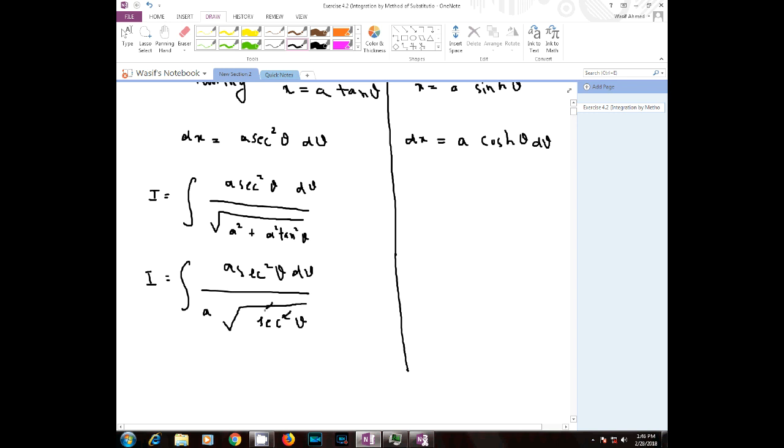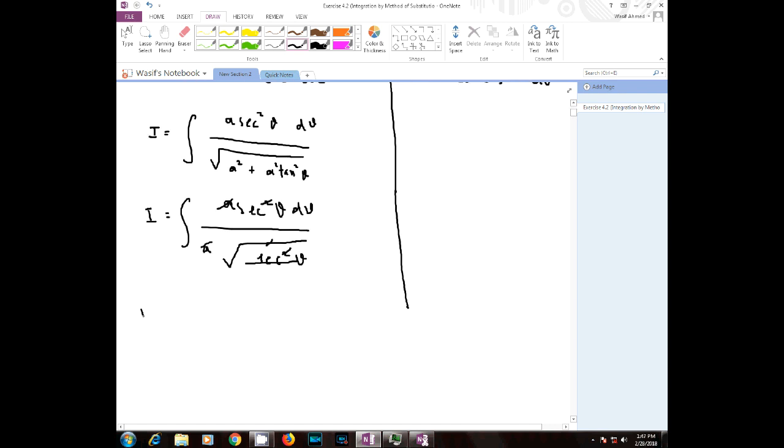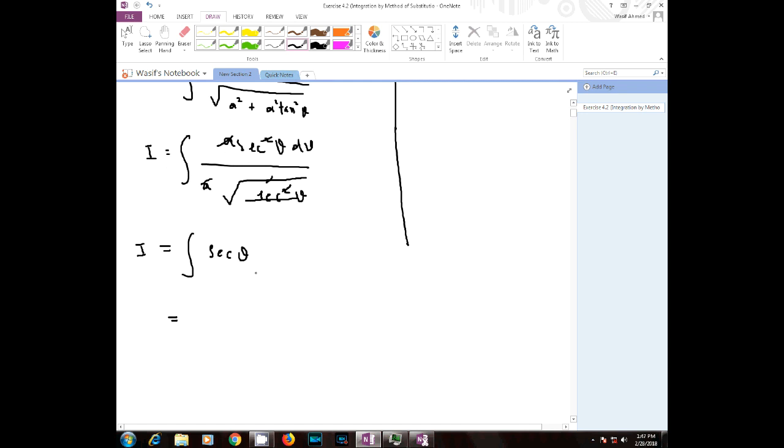Secant theta gets cancelled with its square root, a gets cancelled with a, and secant theta gets cancelled with the square in the numerator, and you have just secant theta. And the integral of secant theta is natural log of secant theta plus tan theta, and we will prove this integral in this exercise in question number 5.